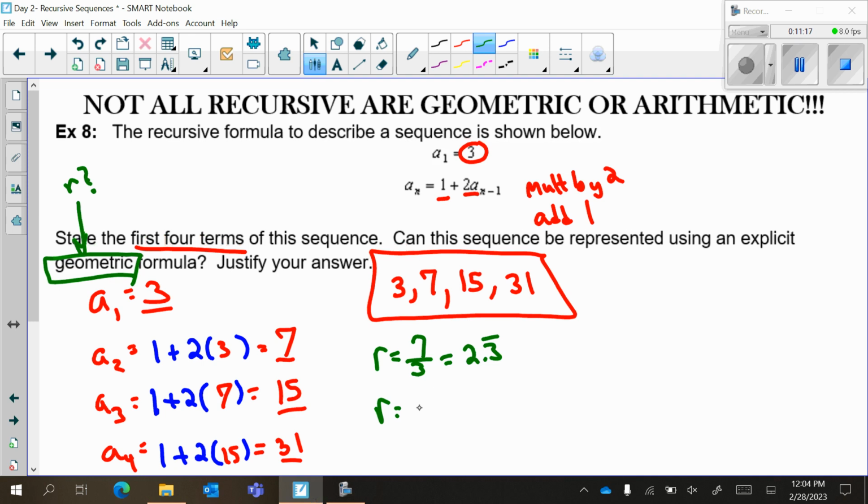But double check to make sure your R's match. Now do 15 divided by 7. 15 divided by 7 in the calculator, ooh, that one's not exact. This is about 2.14. So because the R's don't match, this is not geometric.